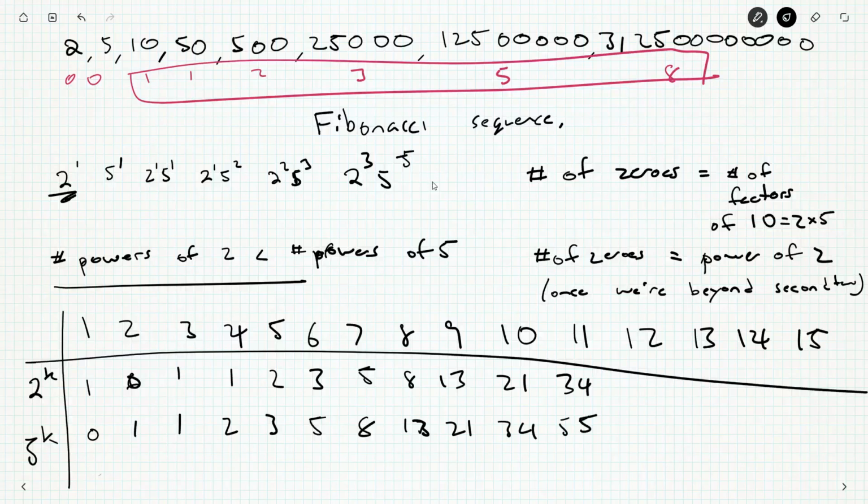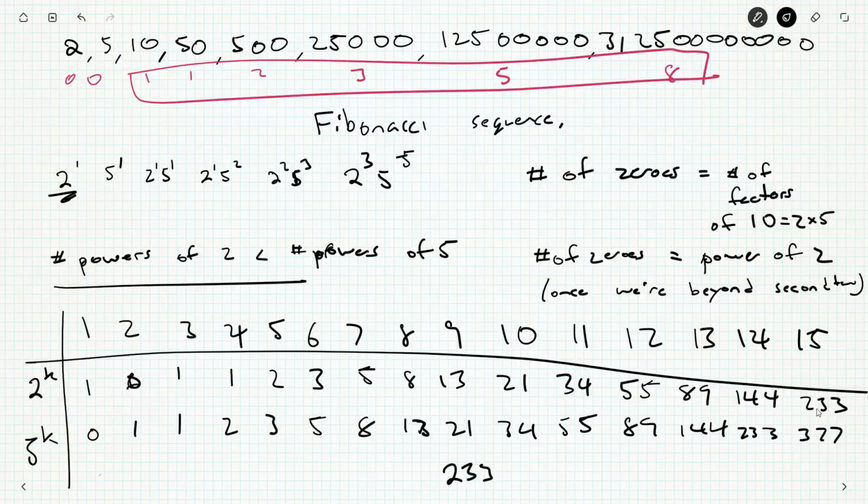This is just me doing my Fibonacci numbers from memory. 89 comes next, 144, and then 233, and then I think it's 377 after that. And then I think 660, or, no, 610 apparently. Yeah. But that's all we need. We need 233, so 233 zeros.